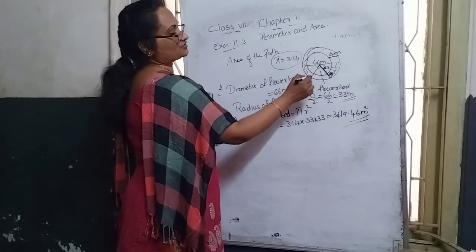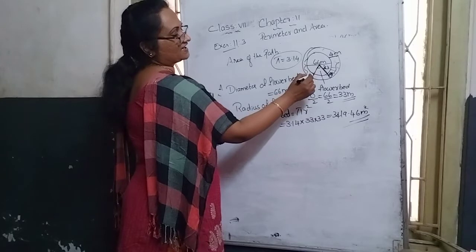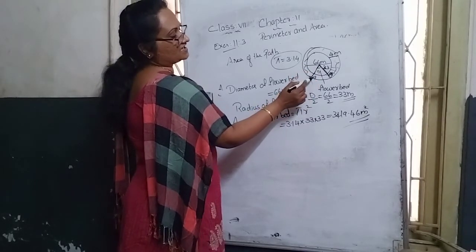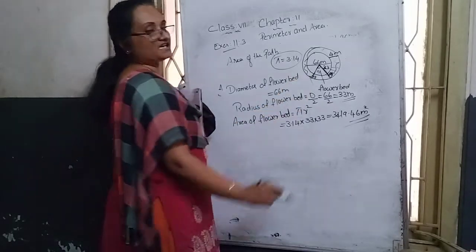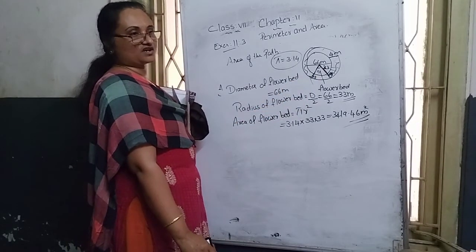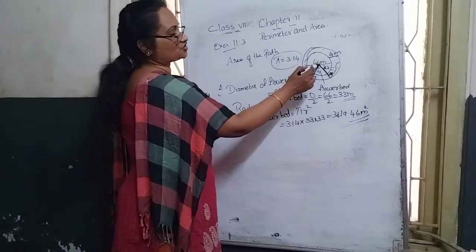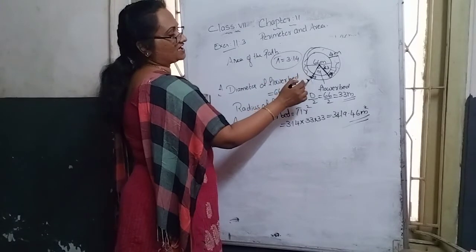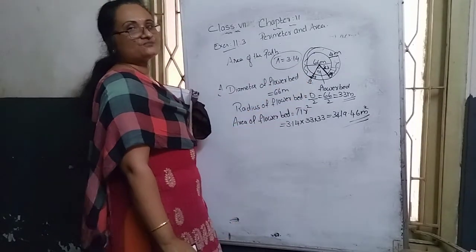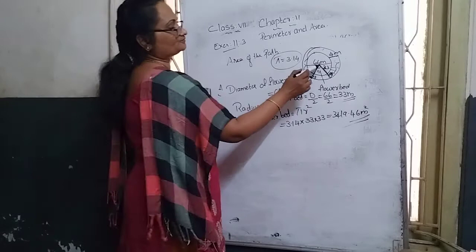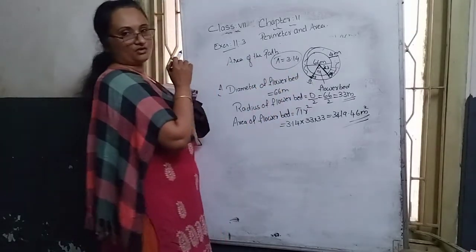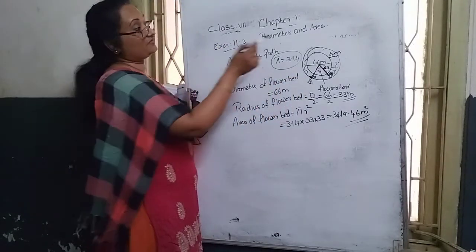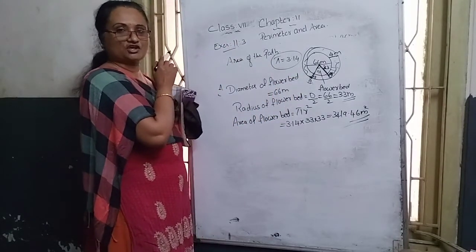How do we get the outer circle radius? The inner circle radius is added with the width. The inner circle radius is 33, and 33 is added with the width of the two circles. 33 plus 4 comes to be 37. Why? Because from the center to any point on the outside circle, mark it as B, then OB is the radius. How do we find the OB distance? O up to here we know is 33. Then up to this part, it is given to be equal to the width of the path.